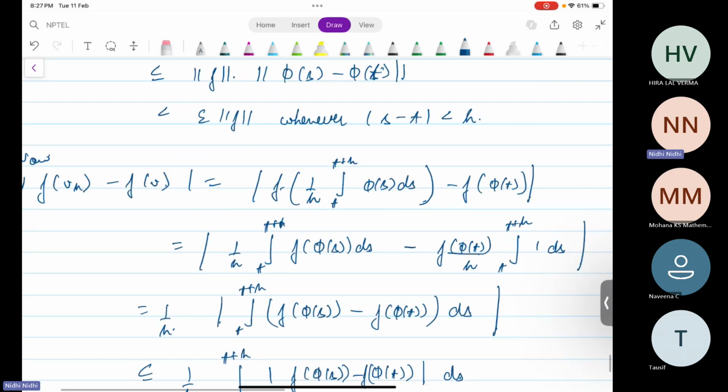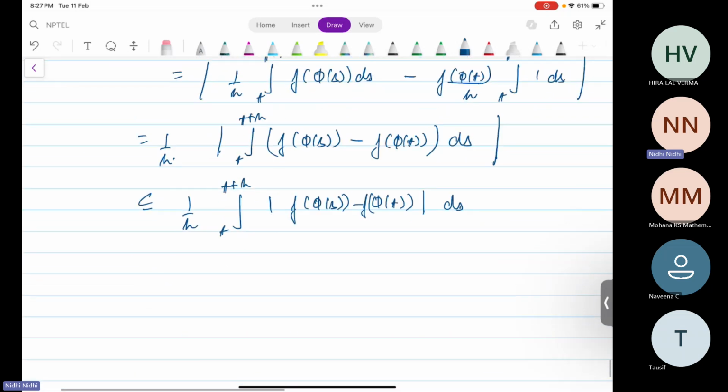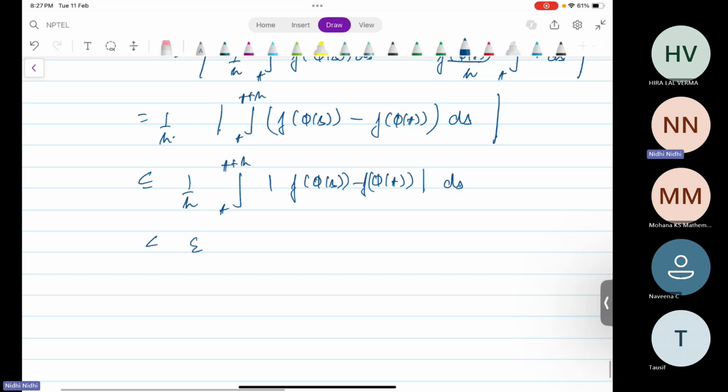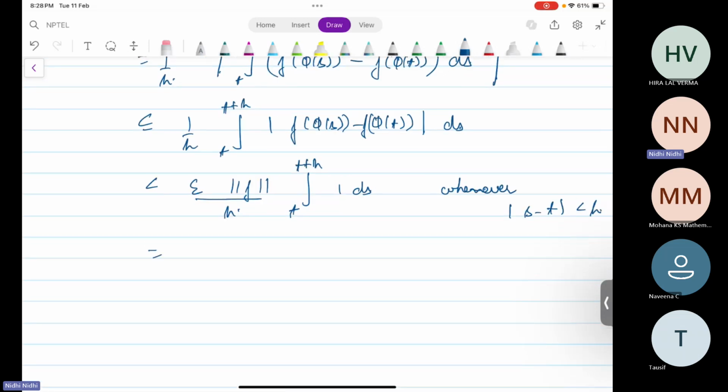We have seen that this is strictly less than epsilon times norm f by h integration t to t plus h 1 ds whenever mod s minus t is strictly less than h. Now this integral is equal to h and this will get cancelled out. So this is epsilon times norm f.